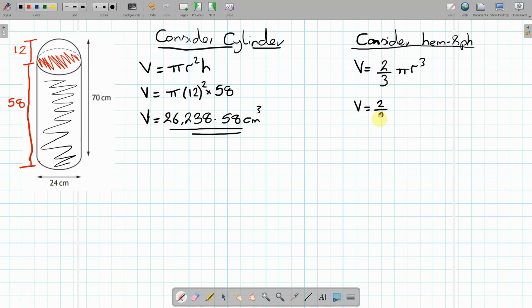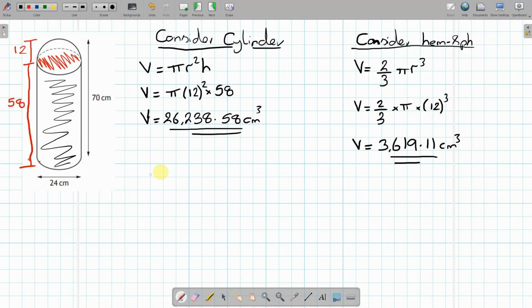And we know the radius, so it's 2 over 3 times by pi times by 12 cubed. So the volume of the hemisphere becomes 3,619.11 centimeters cubed.